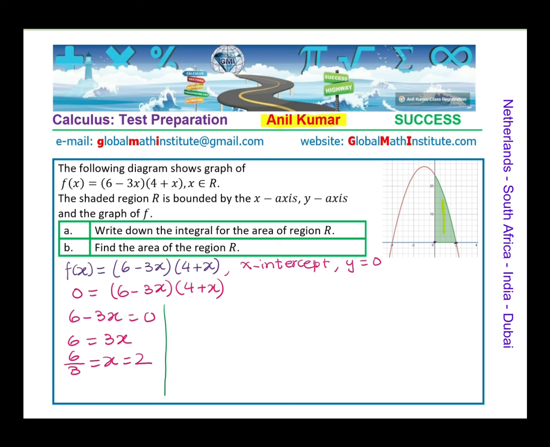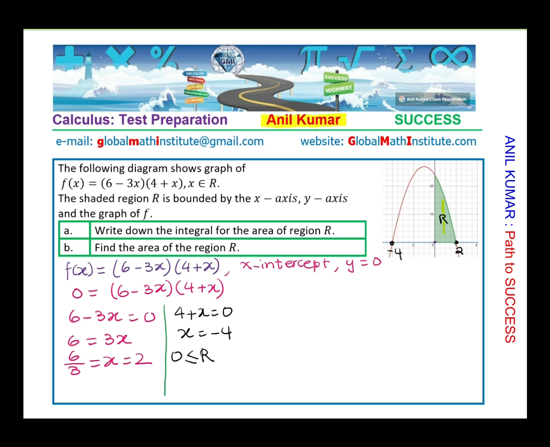The other one is 4 + x = 0, x = -4. So we get two values. This one is -4, and the other one here is at 2. Now from the shaded region R, we know R is between the values 0 and 2. So that's the area which we need to find. Clear?